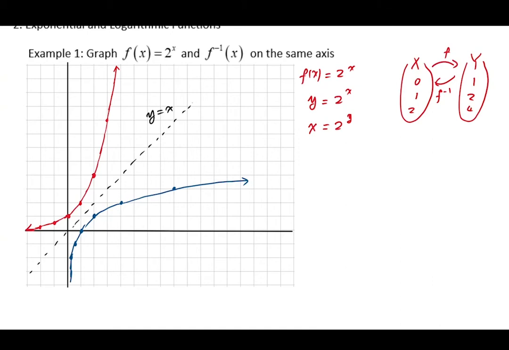So let's come back to finding the inverse function. Now, this is what this inverse looks like. This is f inverse of x, where this one is f of x, which is 2 to the x. Now we have to solve for this y.